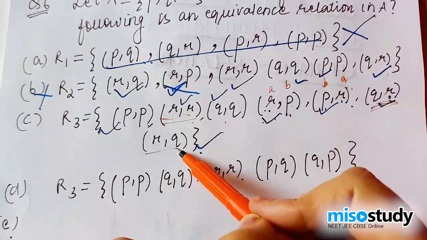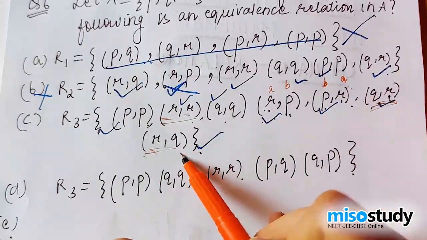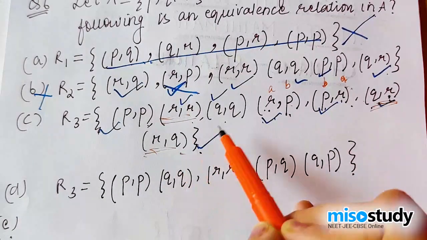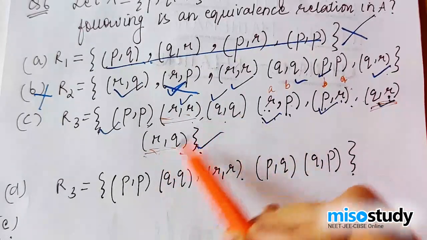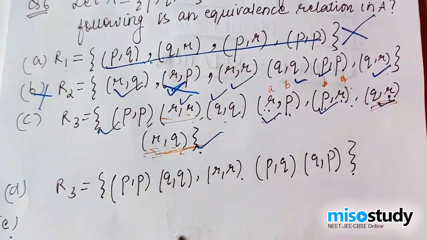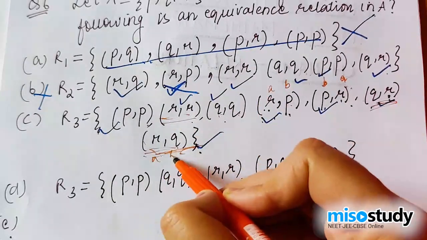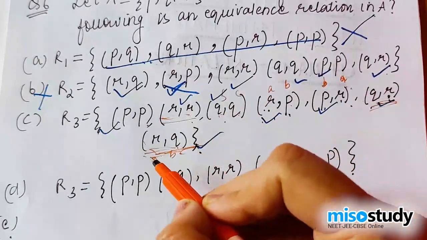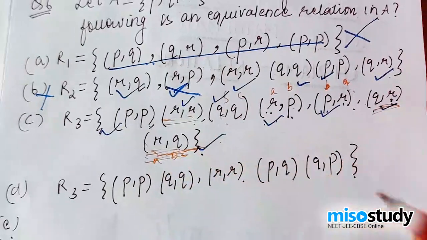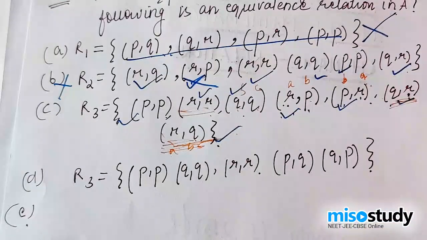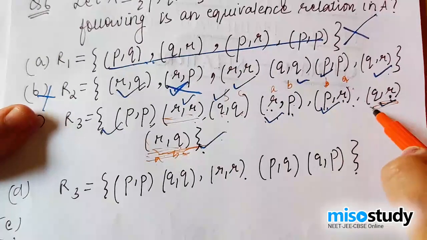Now let's see this as well. R is linked to Q and Q is linked to Q, then you must have RQ linked, which you have already. A is linked to B, B is linked to C, then you must have AC, that is RQ. You certainly have that. So is there any element for which you have not checked the transitivity? Let's check for this also.